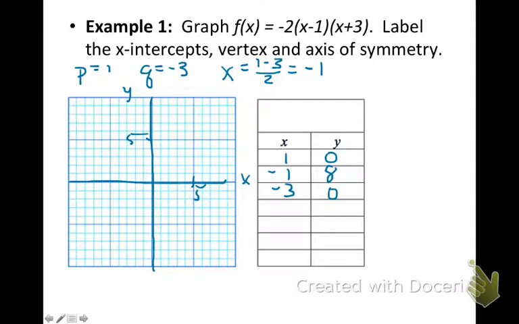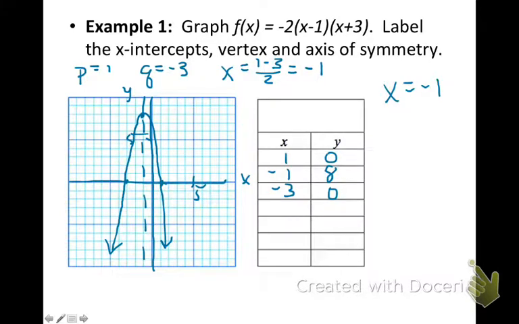So I have the points (1, 0), (-1, 8), and (-3, 0). My axis of symmetry is at -1, so I'm going to go ahead and dash that in.